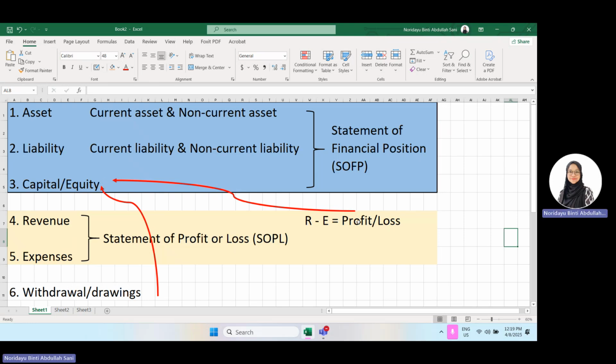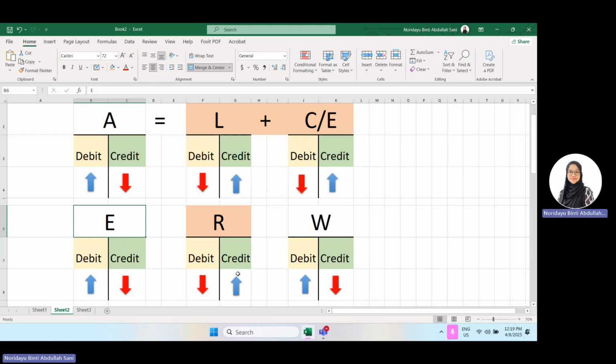So your profit should be increased on credit, following the nature of your capital. Revenue increases your profit or increases the tendency of making profit, right? So your revenue should also increase on credit.